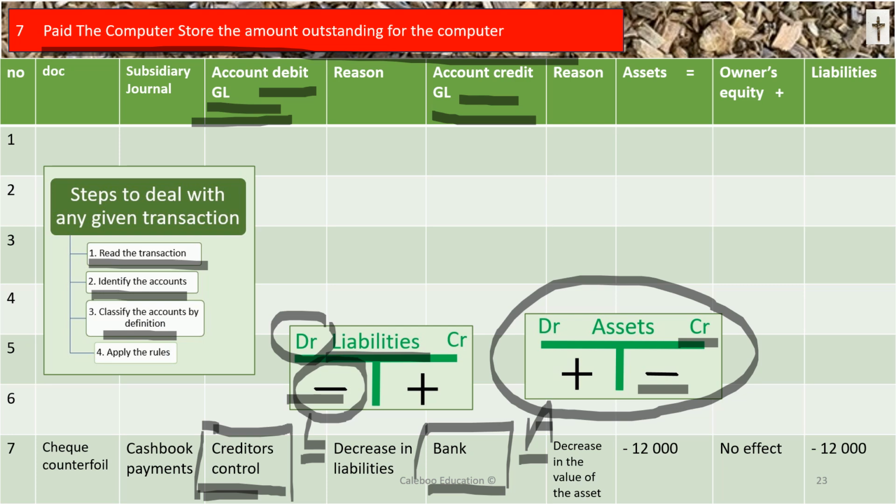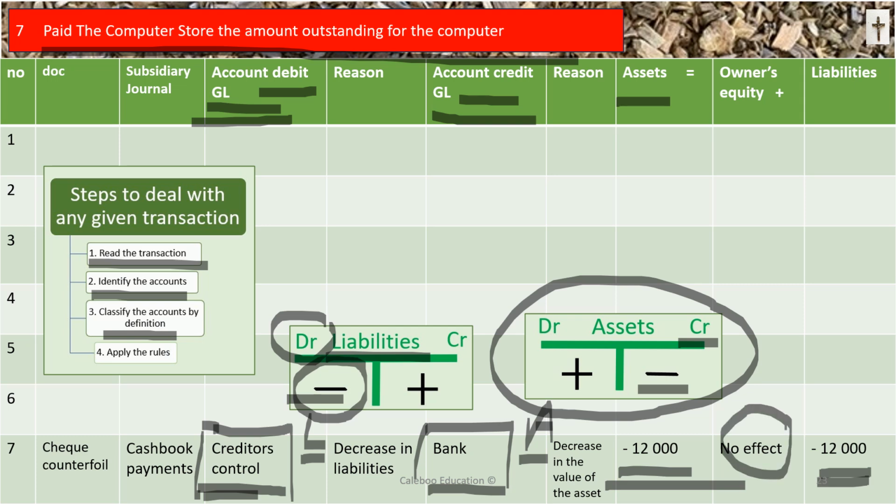Right, we are applying our rules all the time. The important thing with every single transaction is we need to classify the accounts. Then we need to apply the rules according to what's happened with the accounts, and the effect on the accounting equation. The bank balance decreased by 12,000. And liabilities, we owe less by 12,000.